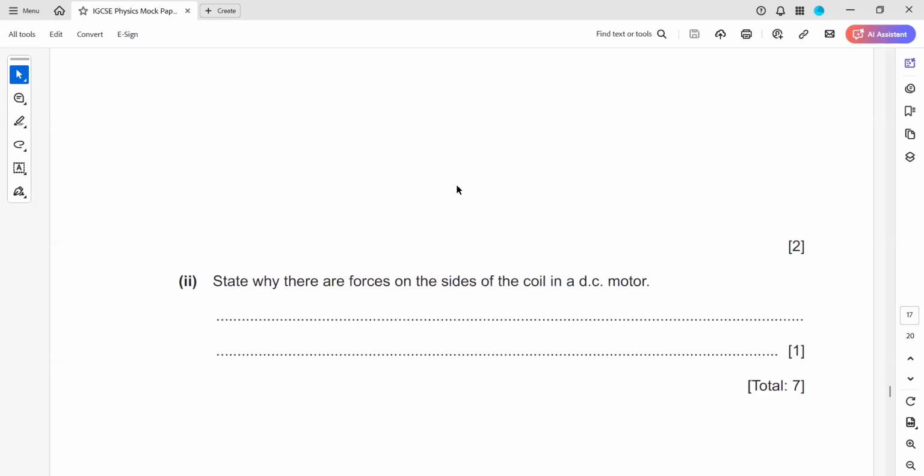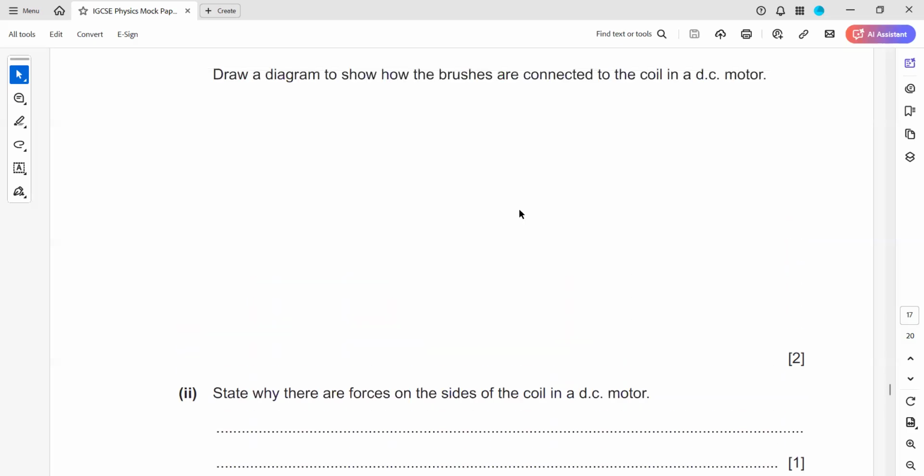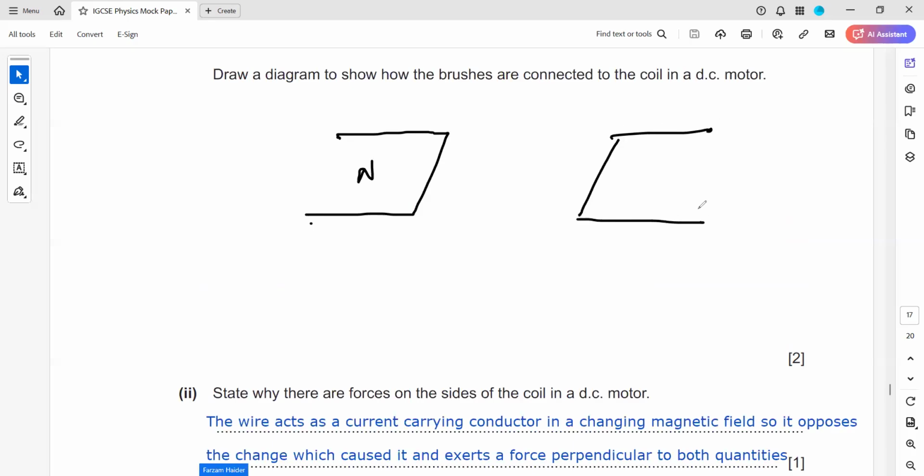Explain why there are forces on the sides of the coil in a DC motor. So if I draw a DC motor here, you don't have to draw the full DC motor in this part. You just have to draw the split ring. So a DC motor consists of a bar magnet, opposite poles are there, and a rectangular wire or rectangular coil between the poles.